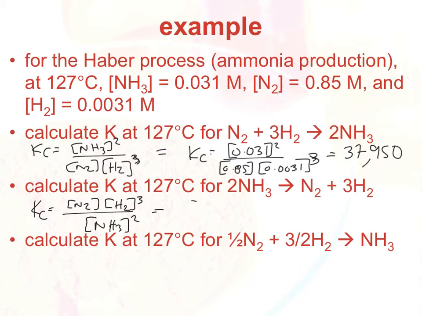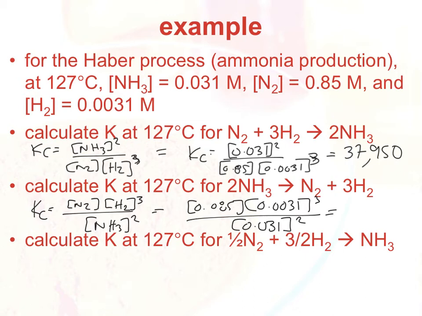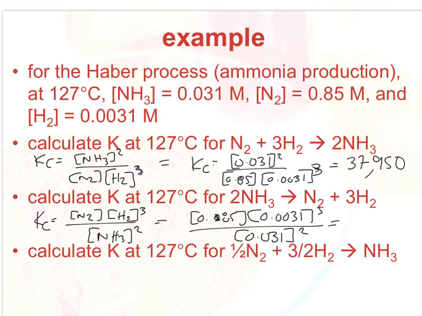We'll go ahead and plug that in: 0.85, 0.0031 cubed divided by 0.031 squared. Okay, we plug that into our calculator, and that's going to give us 2.635 times 10 to the negative fifth as our Kc value for the reverse process.